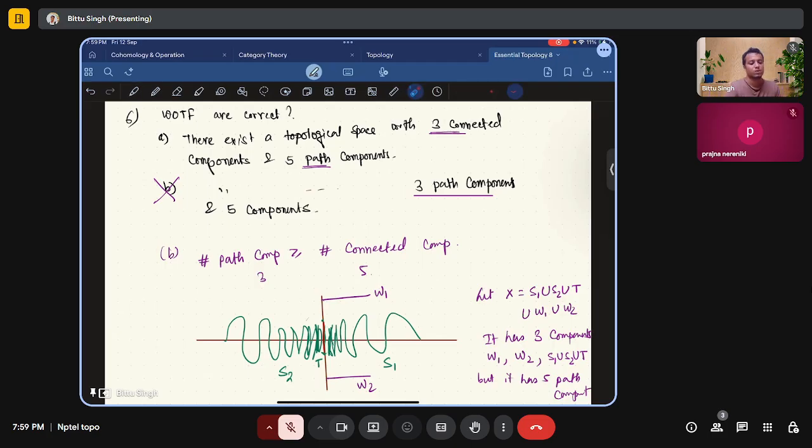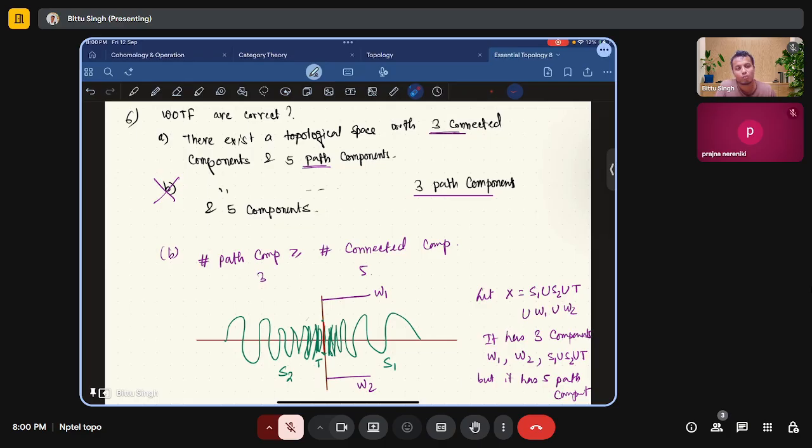It can be generalized. Whatever numbers of connected components and path components are given, suppose the number of connected components is n and the number of path components is m, and if m is greater than n, then you can always create a space which has m path components and n connected components by a similar kind of construction.